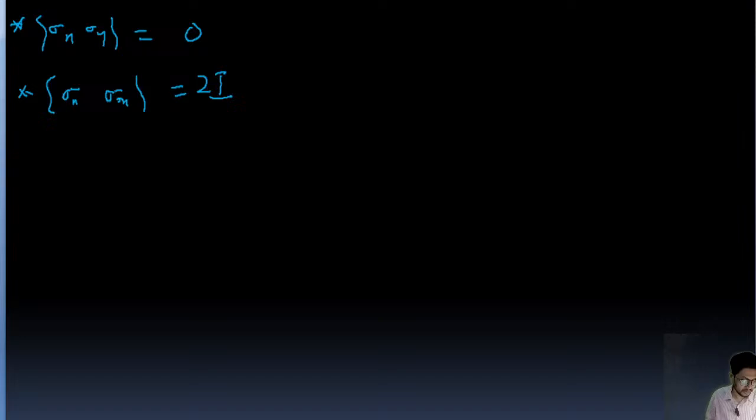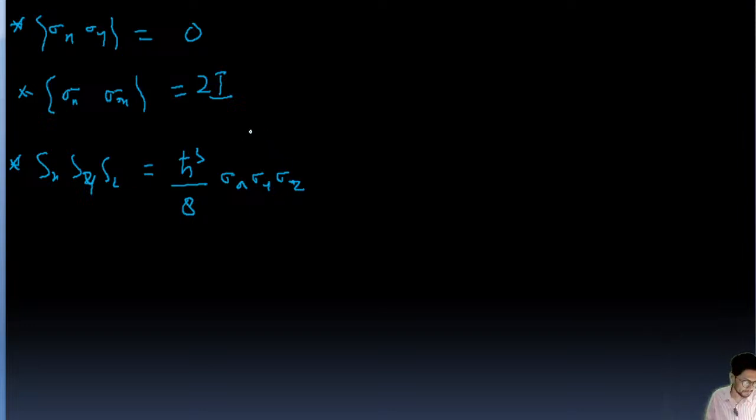This is a very important property. We can write Sx Sy Sz, we know the value of this. This is going to be h cut cube upon 8, and this is going to be sigma x sigma y sigma z.